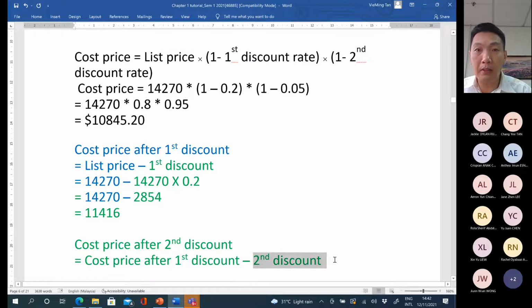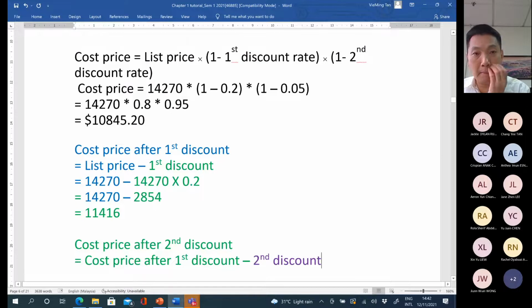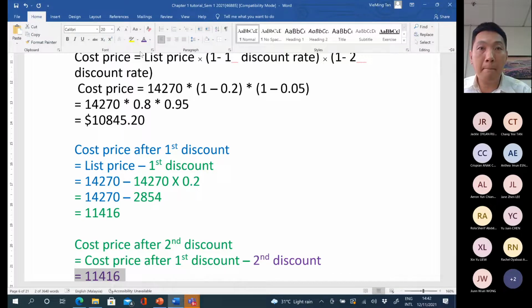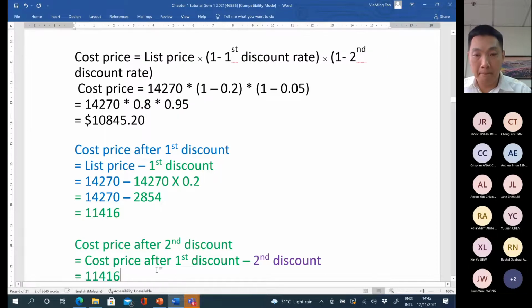All right, I use purple color. Cost price after first discount is 11416. So we substitute 11416 to here. Green color. Minus this one, second discount.